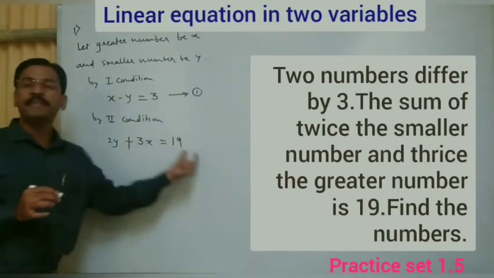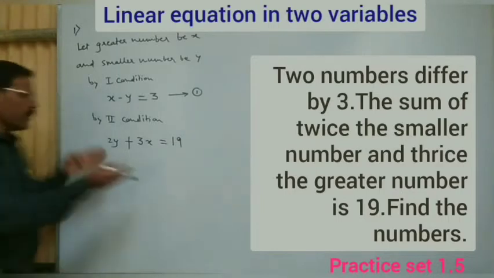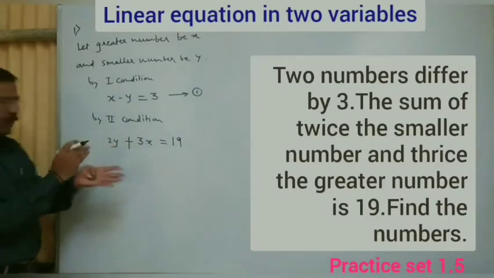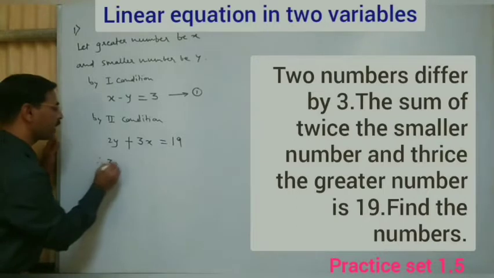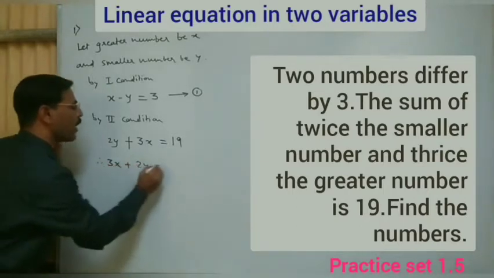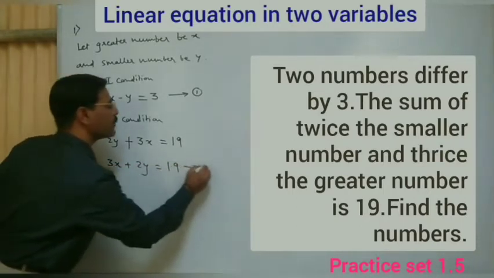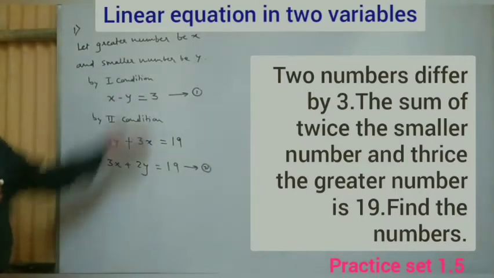Their sum is 19. Like this. Twice the smaller number and thrice the greater number, their sum is 19. Understand? Now just try to write this one in neat form. How? First of all write the x term and then write the y term. This is equation number 2. Like this, we find these two equations.